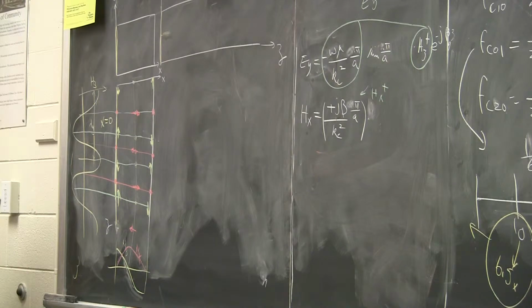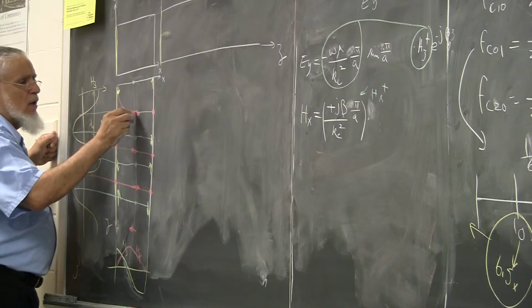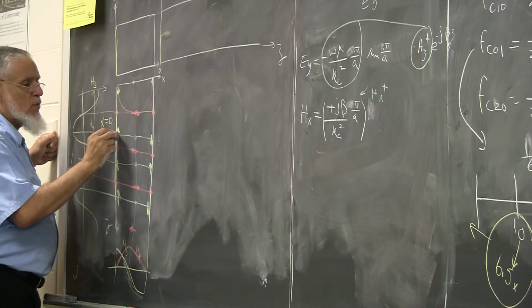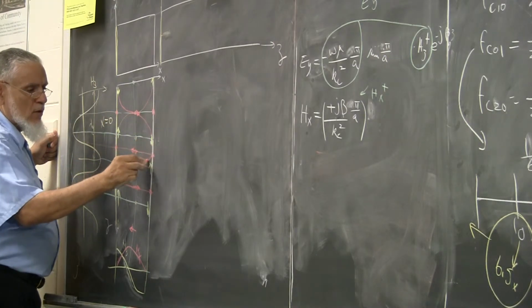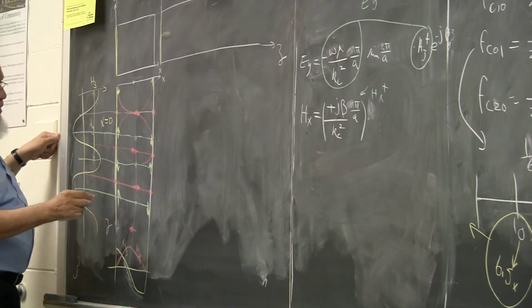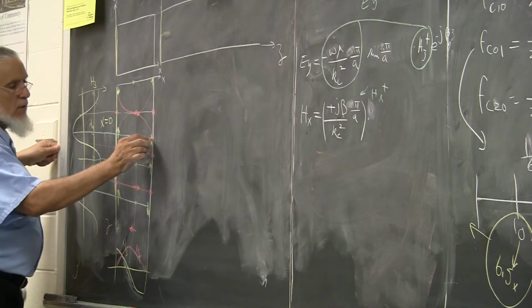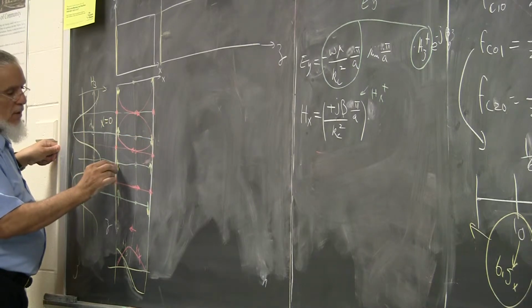Now obviously the h has to exist in closed loops, right? So the h sub t and h sub x will complement each other and produce these loops. I told you I did not do a good job on the proportions here, okay?